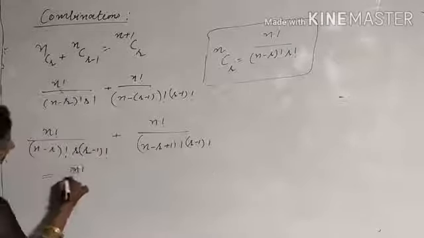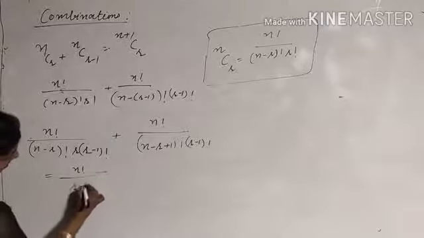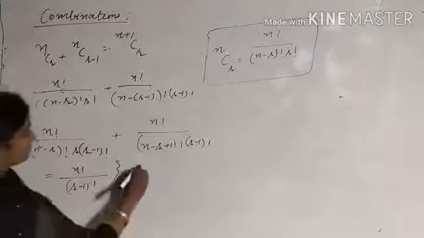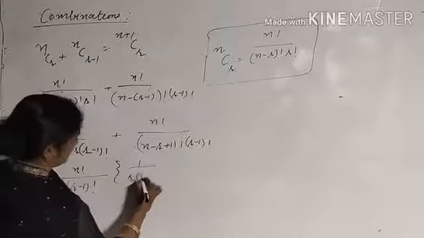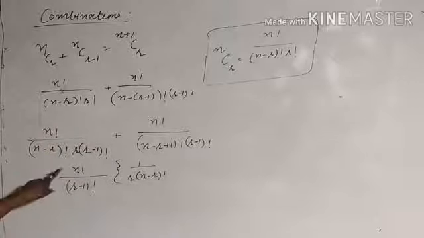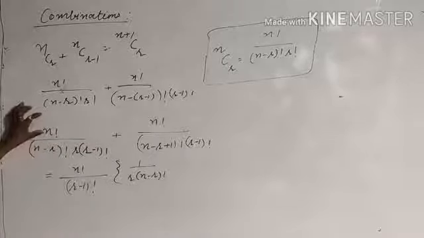So we take the common n factorial upon (r minus 1) factorial. Inside we have 1 upon r into (n minus r) factorial. Right? This we have taken common.